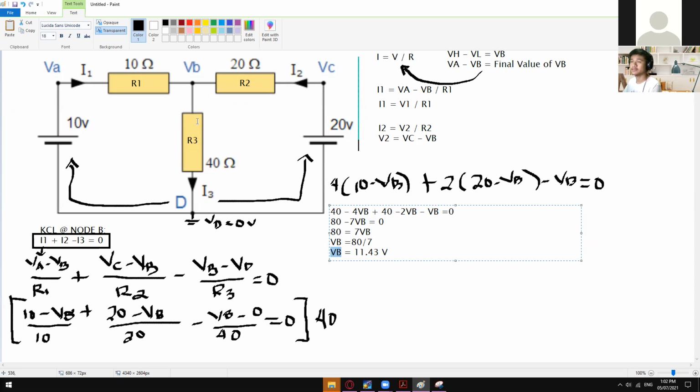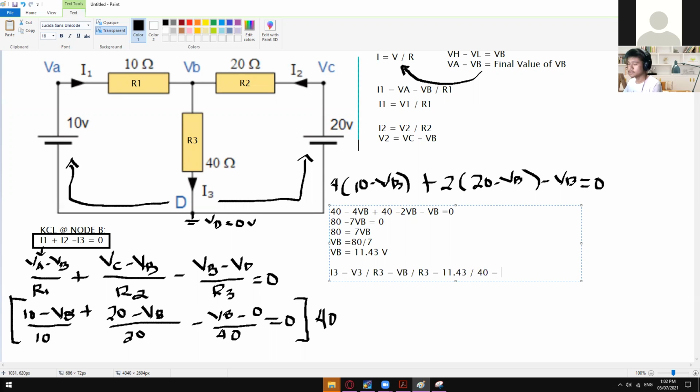Since we already know that the voltage across this node right here is 11.43, we can now use this one to solve for the I3. So I3 is equal to V3 divided by R3, wherein V3 is equal to VB, which is 11.43, divided by R3, which is 40 ohms.